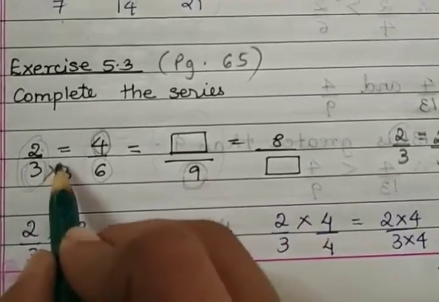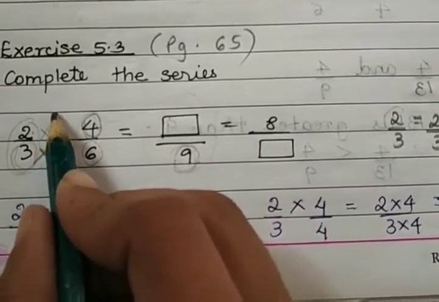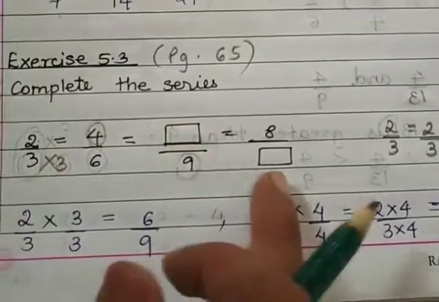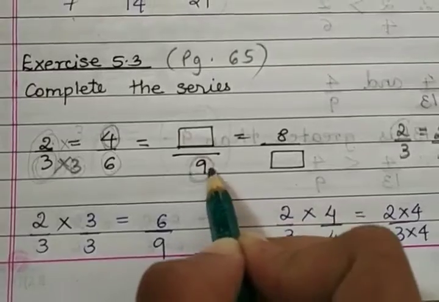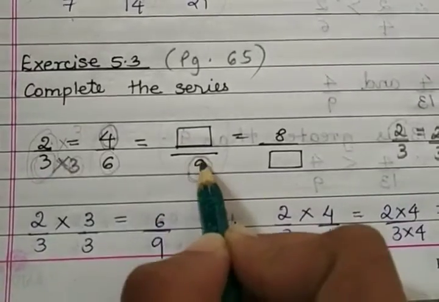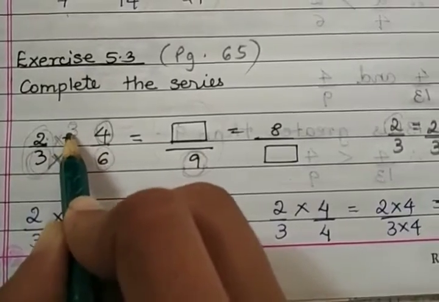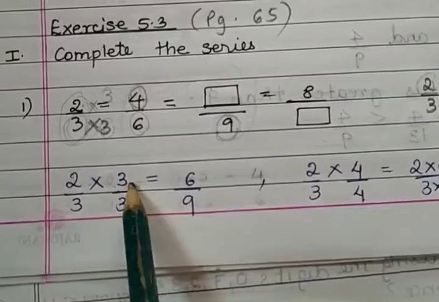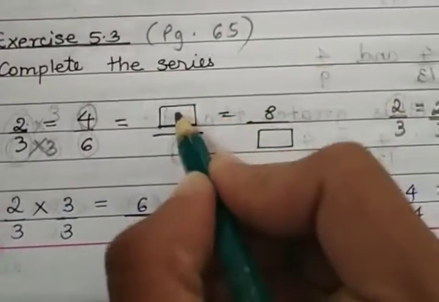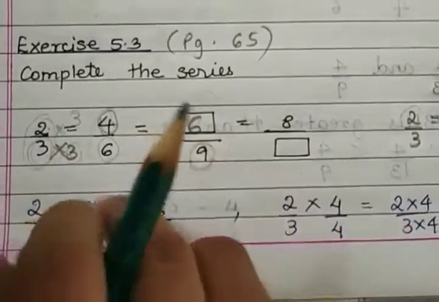And whatever you multiply in the denominator, the same number has to be multiplied in the numerator, right? To get the equivalent fractions. So it is 3 multiplied by 3, that is how you get 9. So in the numerator it is 2 multiplied by 3, which is equal to 6.